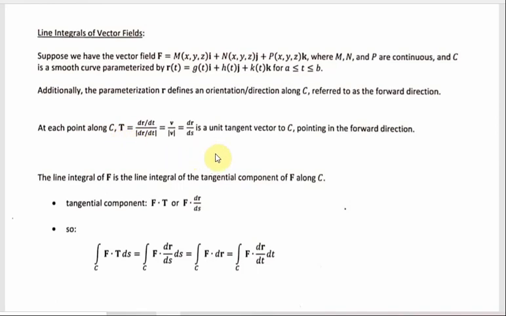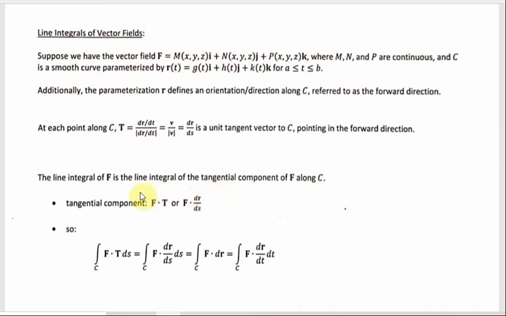And then how do you get the line integral of the vector field? Well, this is another older thing where we had the tangential component and the normal component, where we could break up vectors. That was a while back, slightly after we talked about what unit tangent vectors were.